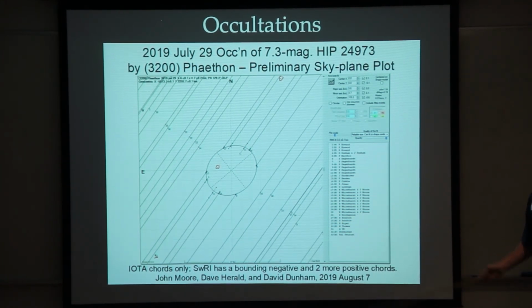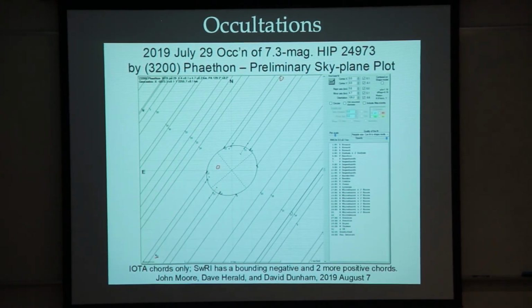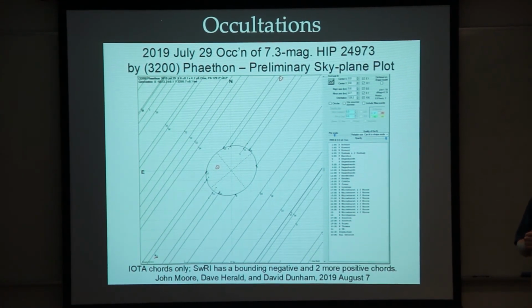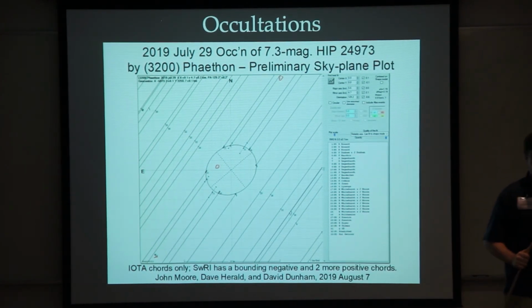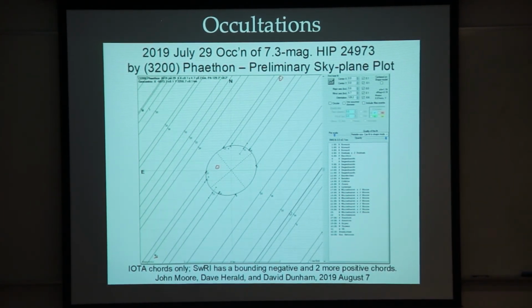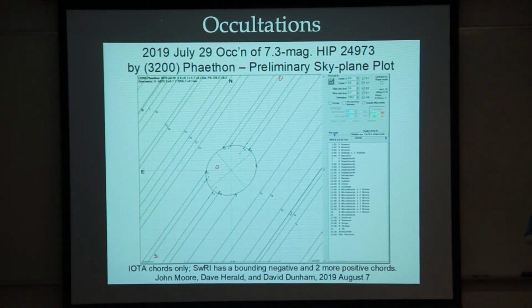Until recently, the problem with this was that we didn't tend to know where the stars were or where the asteroids were well enough to predict where the shadow would fall to within 100 kilometers. And it becomes a pain in the butt to set up many stations over thousands of kilometers. It's just not feasible. Now with Gaia, we know where stars are really, really precisely. We have asteroid orbits really precisely. We're going to start to get more and more occultations, and so we should get more and more interesting discoveries.